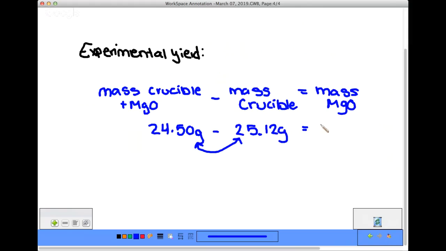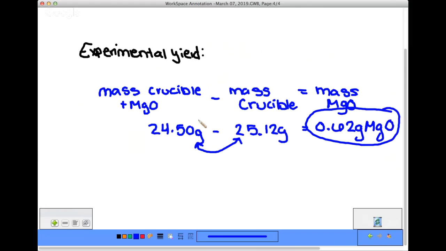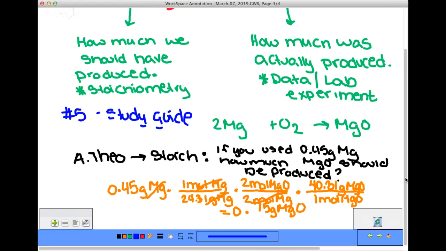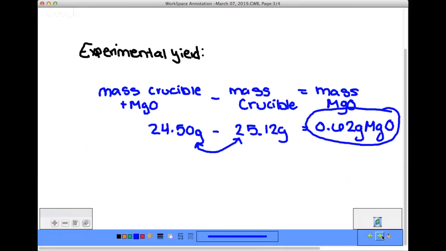And I got 0.62 grams of magnesium oxide. So this is how much I actually did produce from my experiment. Notice if we compare this to what we should have produced, 0.75, we only produced 0.62, so a little bit lower than our theoretical.